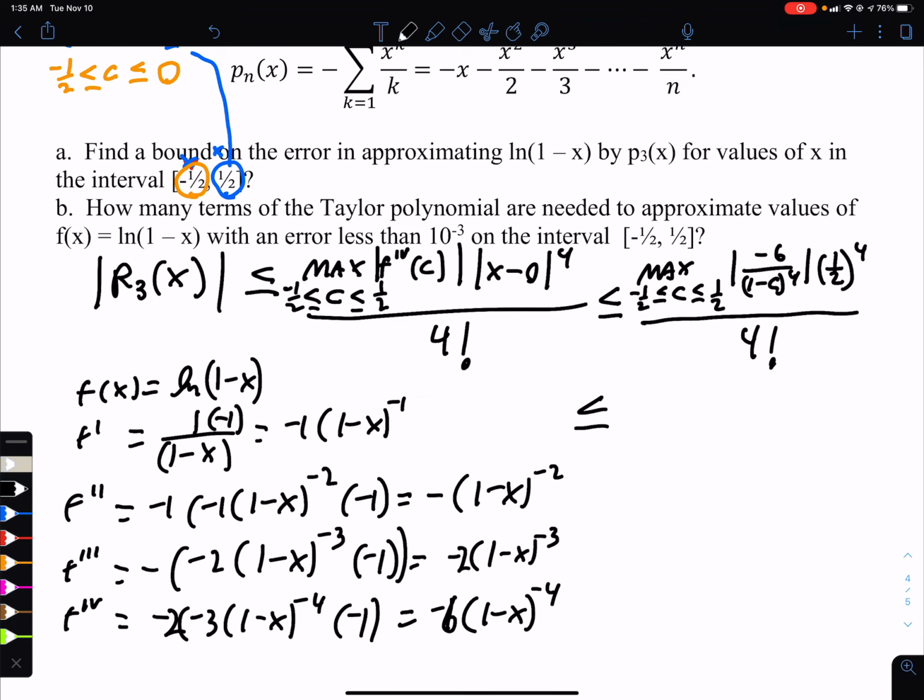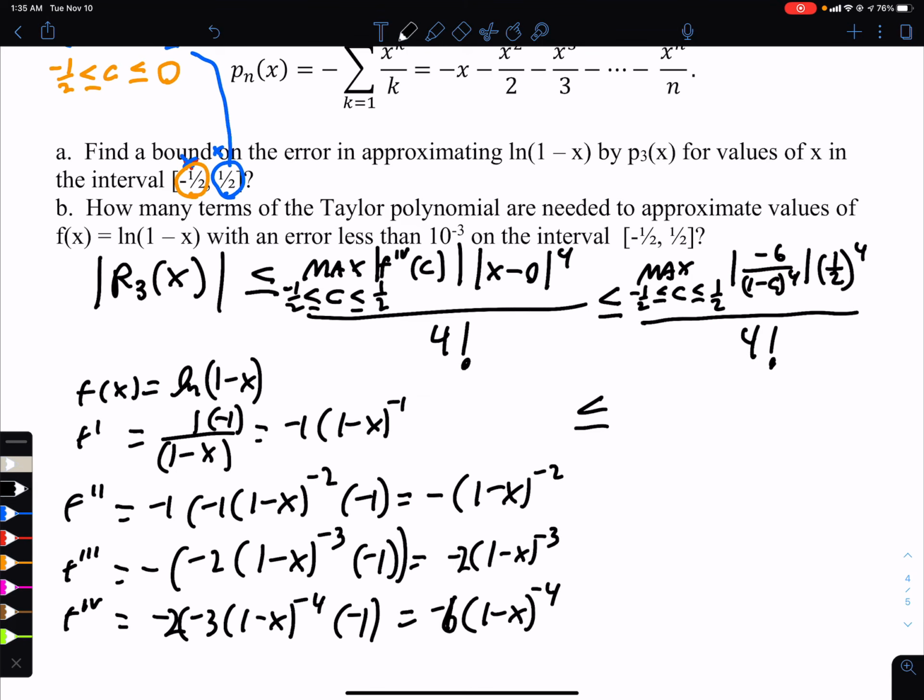Yeah, right. When is a fraction the biggest? When the denominator is the smallest. When is 1 minus c the smallest? I claim it's smallest when you have a 1/2 because you're subtracting the most.